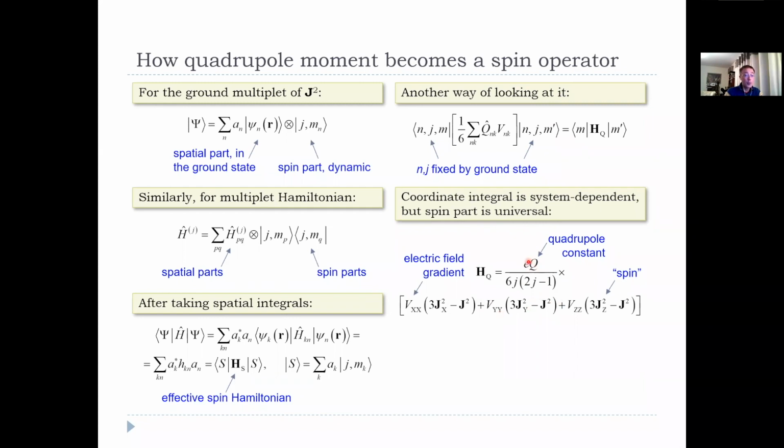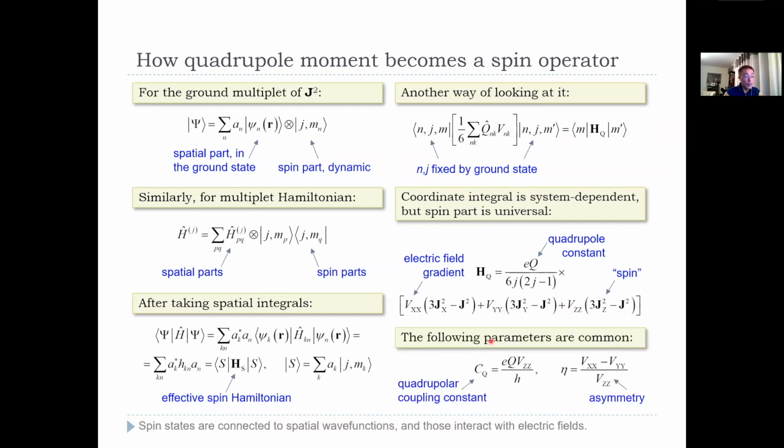You have the quadrupole constant, you get a bunch of normalization operators, and these are our nuclear spin operators, and this is the electric field gradient. And of course, our usual parameterization. We have the quadrupolar coupling constant, something that's experimentally measured, and the asymmetry of the electric field gradient in this case.